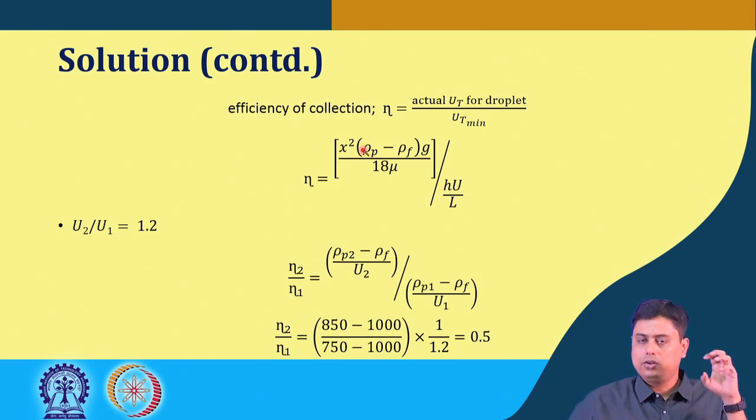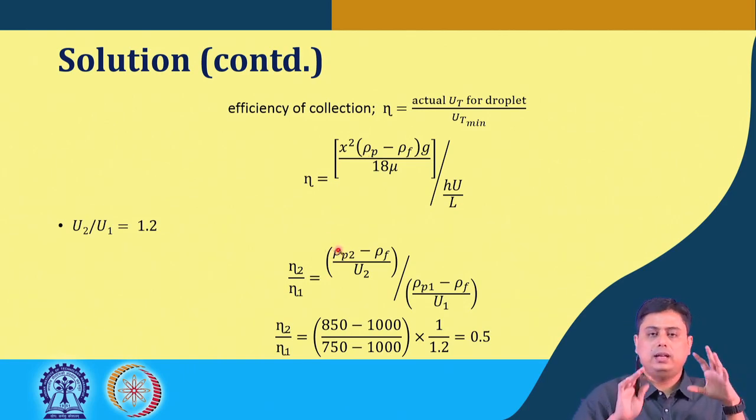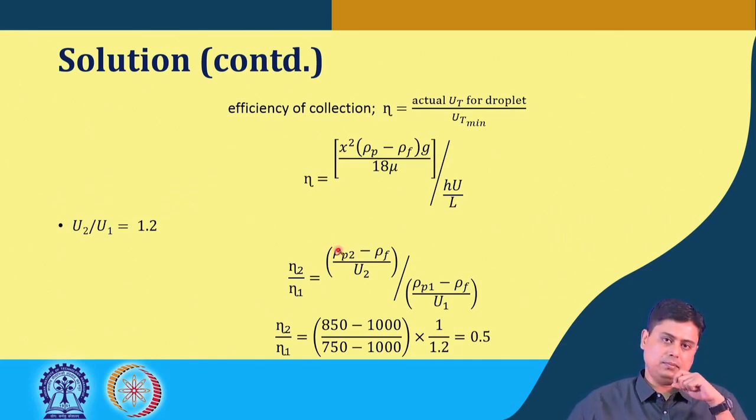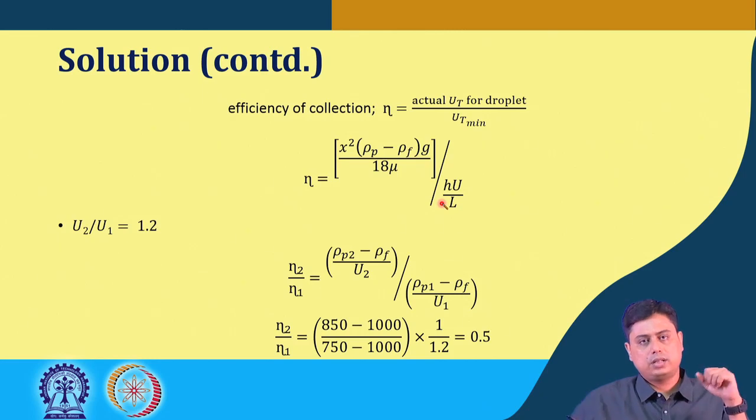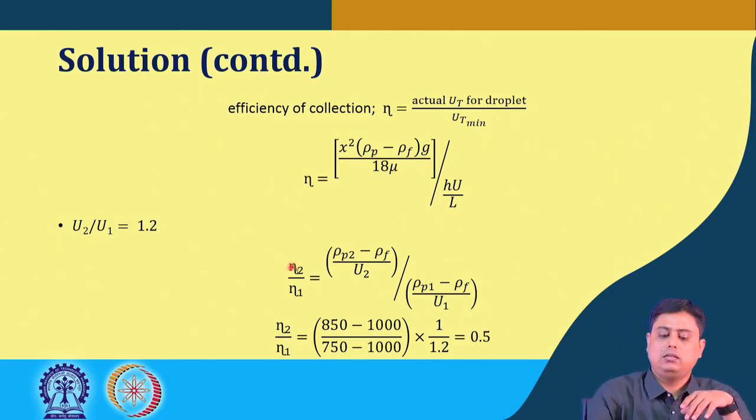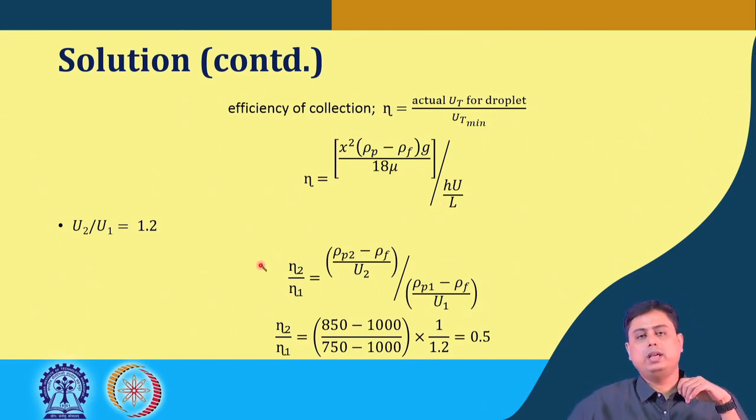Now, this oil droplet we have considered as a rigid sphere, or in very gross terms, a solid object, with density rho particle. These other parameters are constant: x, g, 18 mu, h, and L. All these are constant and are eliminated in the ratio of eta 2 by eta 1.